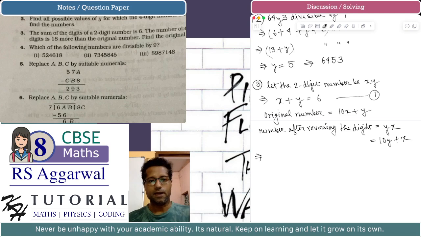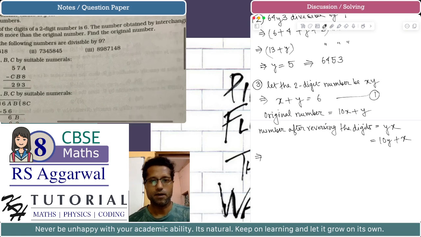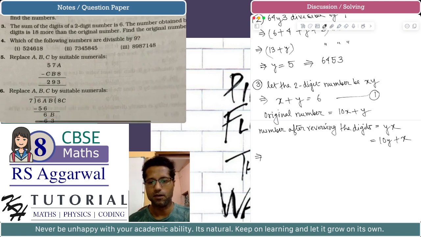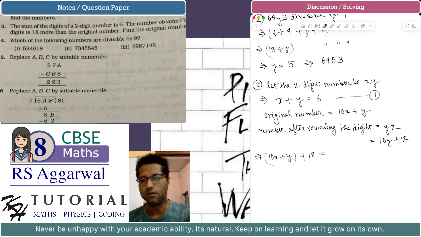Now it is given that the number obtained by interchanging its digits is 18 more than the original number. So we must have 18 plus the original number, that is 10x plus y plus 18, equal to the number obtained by reversing the digits, which is 10y plus x.